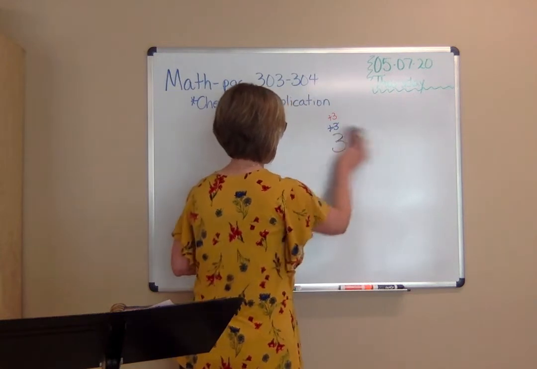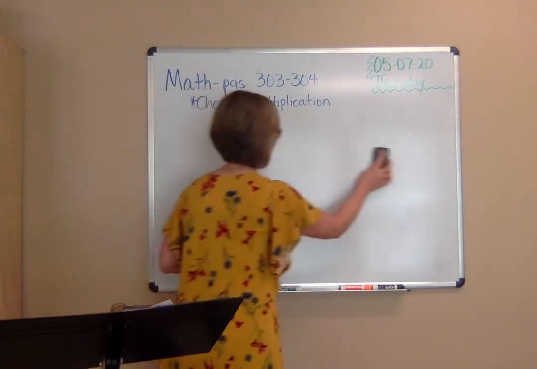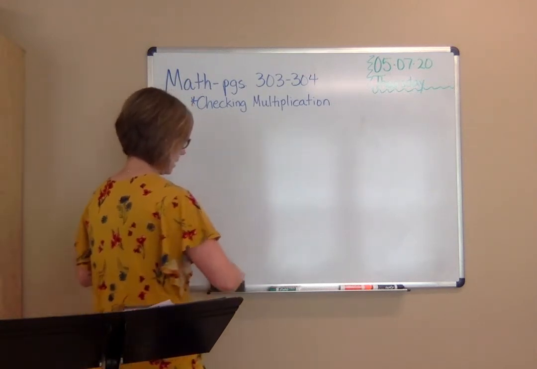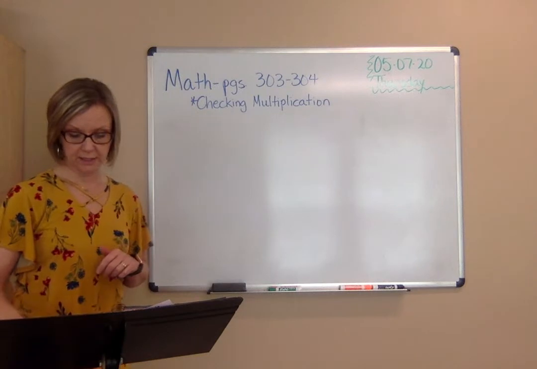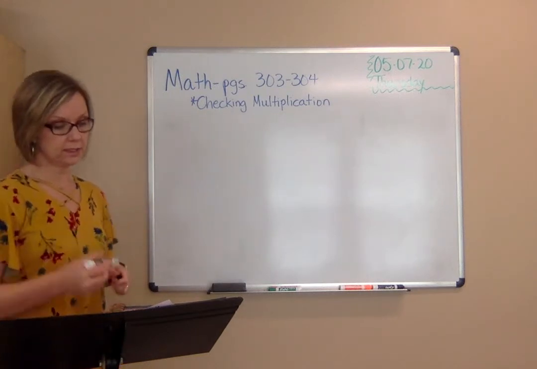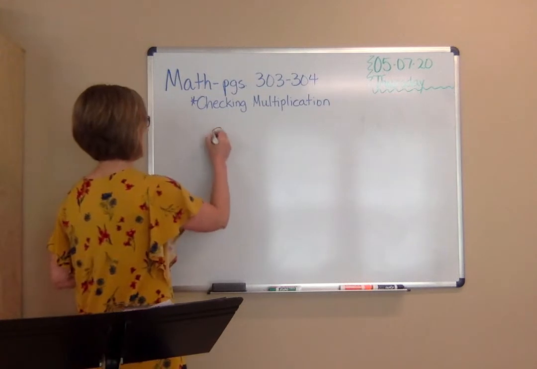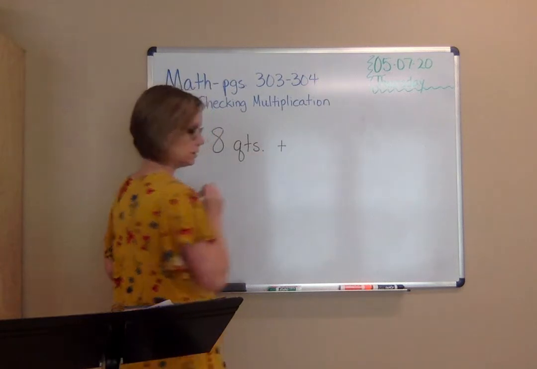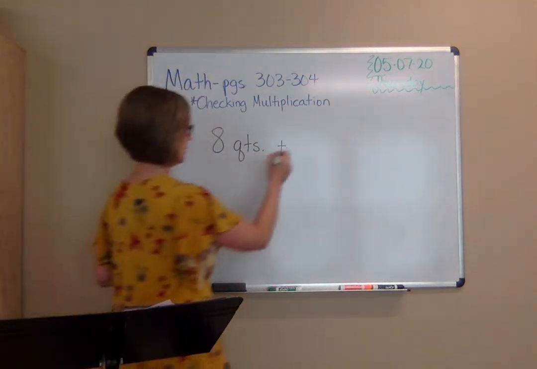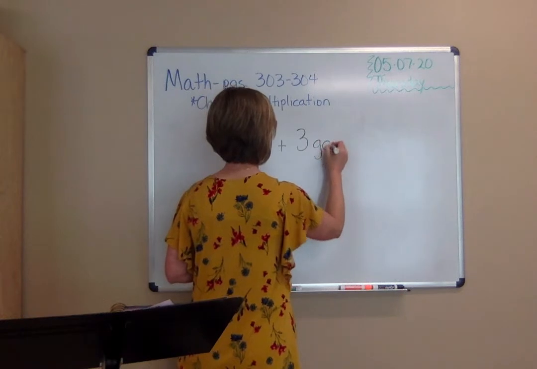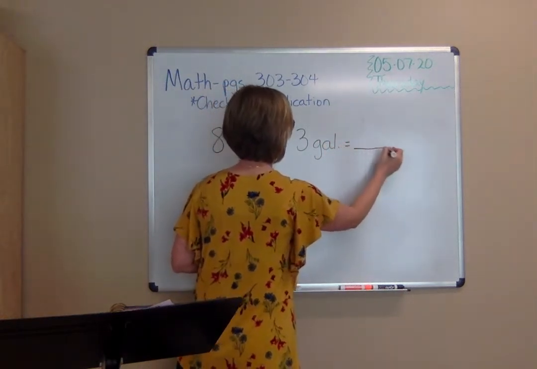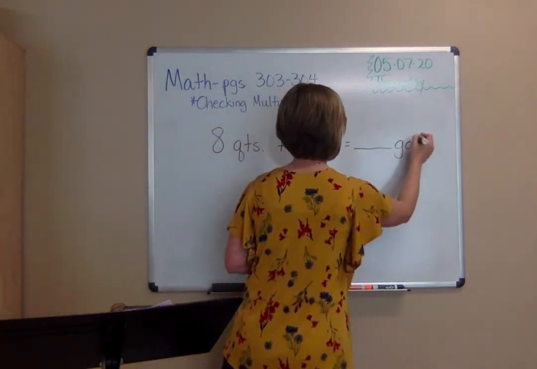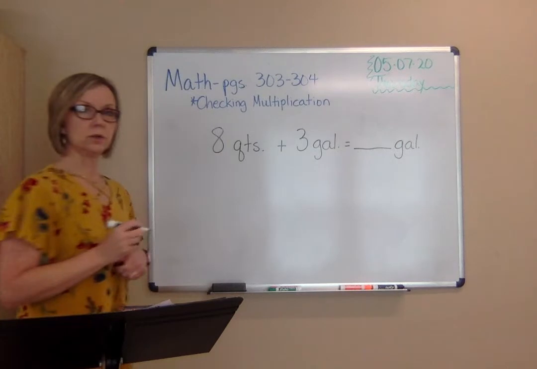Let's see. This is going to be obviously a conversion problem because we cannot add quarts and gallons together. So you're going to set it up as a problem: 8 quarts plus, how many gallons? 3 gallons equals, what are they asking you to solve for? Gallon. I'm just abbreviating. Right. So then you're going to set this up.